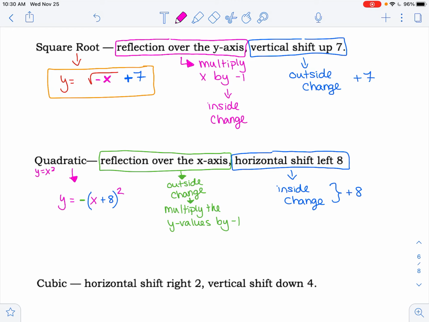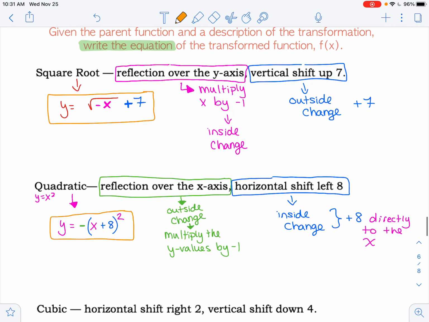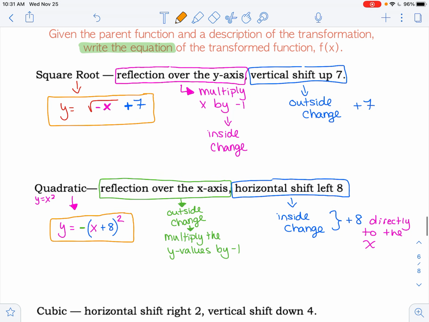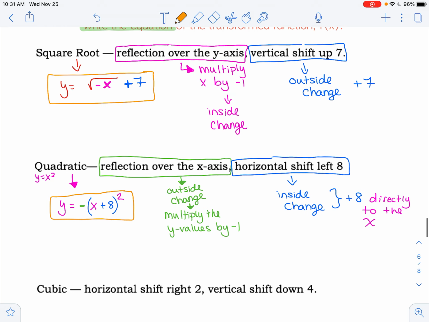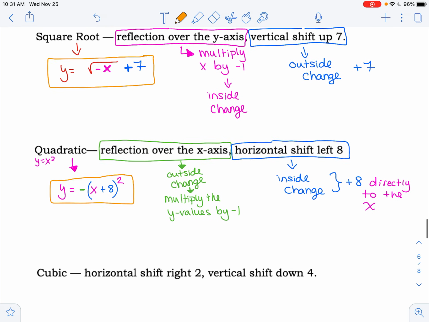So I'm adding 8 directly to the x. And that is your final answer for that question. That is the equation given that description. You could also have f of x, but y equals is fine.